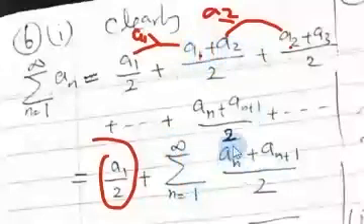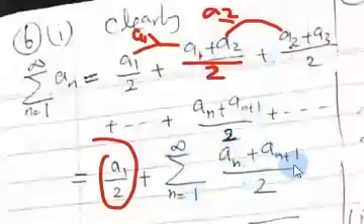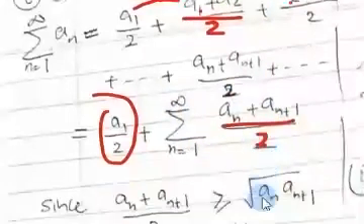So then a sub n plus a sub n plus 1, and you have to consider the average of those two terms. I think this is clear for you, right?